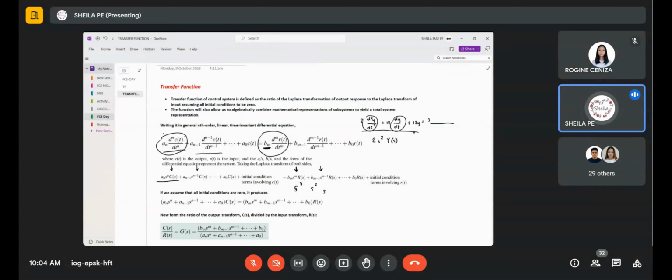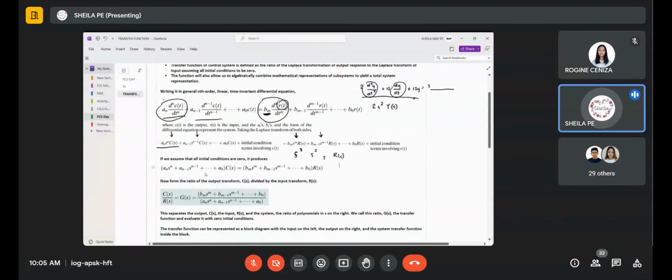Do not forget the R of s, since we are dealing with r of t here. You follow this for the entire left and right sides of the equation. If we assume all initial conditions are 0, it produces this one.